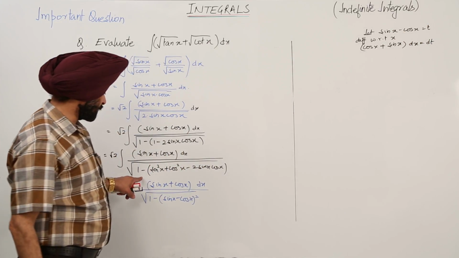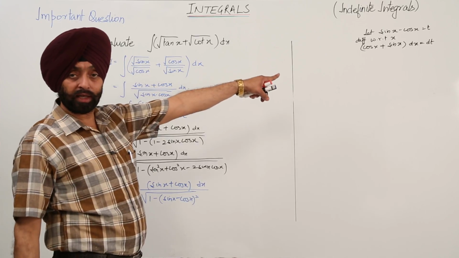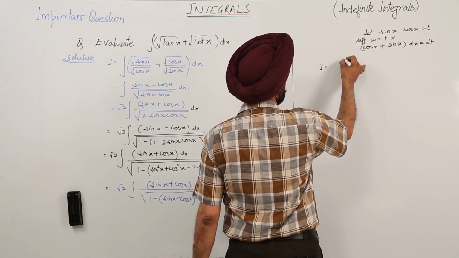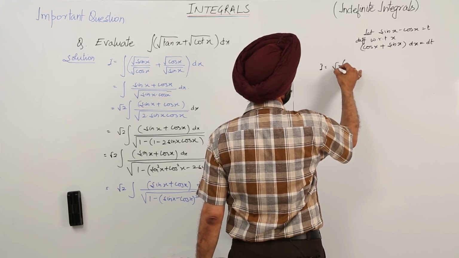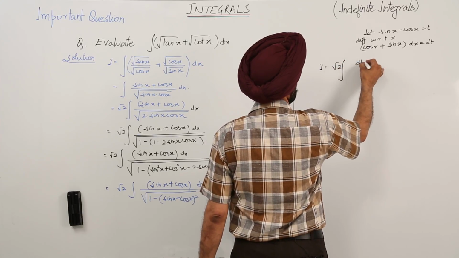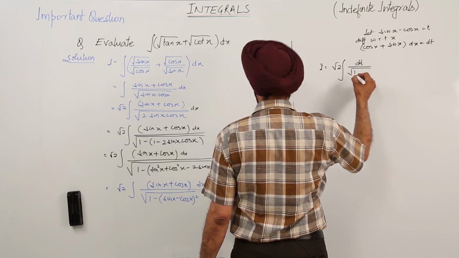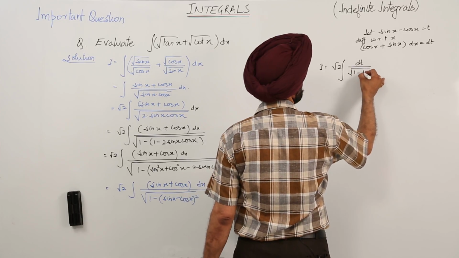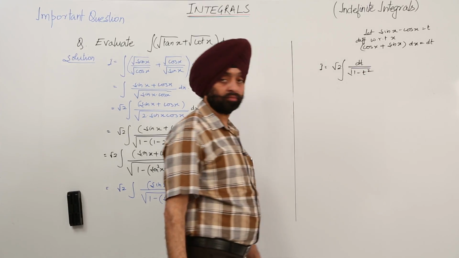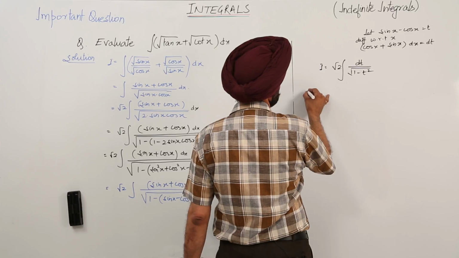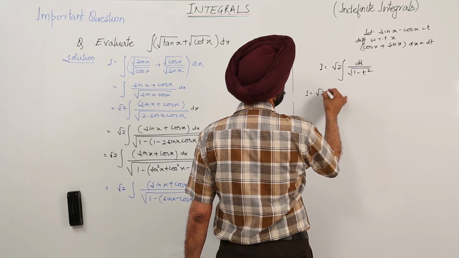So the numerator (sin x plus cos x) dx is dt. Now the question becomes root 2 integration of dt upon the square root of 1 minus t square. Is it clear?